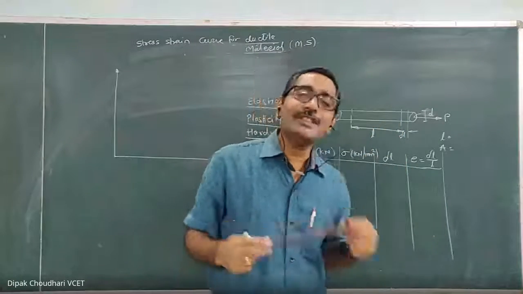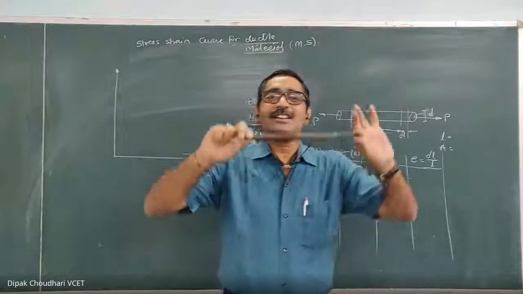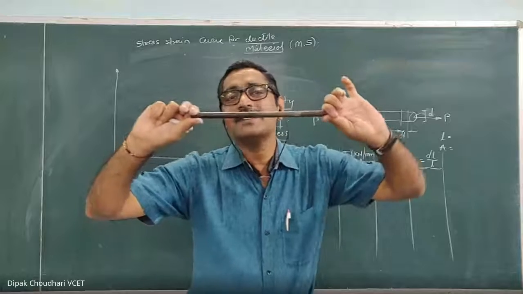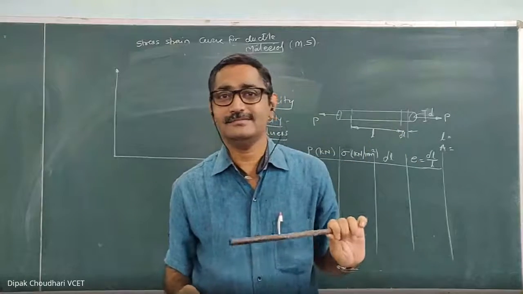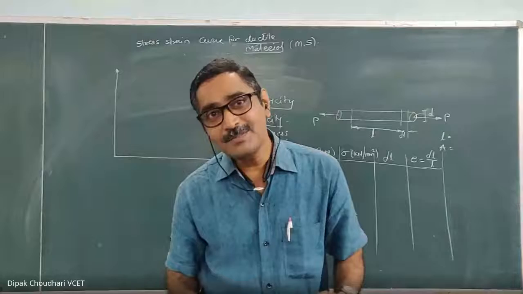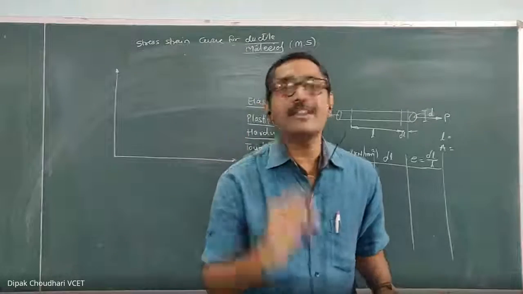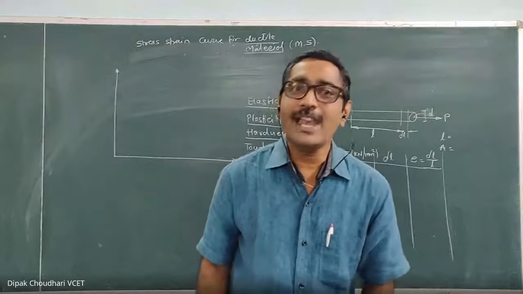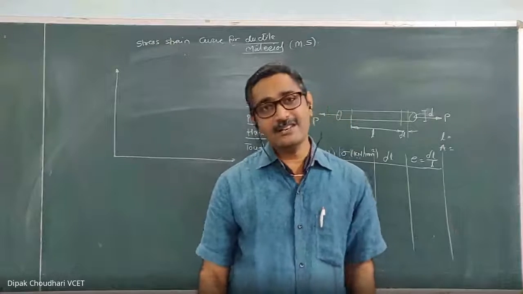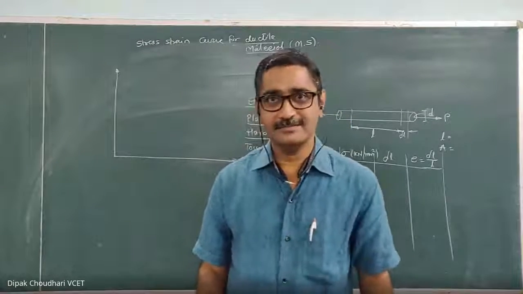Whenever the material is ductile, under the action of tensile force it will elongate. Because of ductility, we can produce thin wires. Aluminum, gold, and silver are very ductile materials.